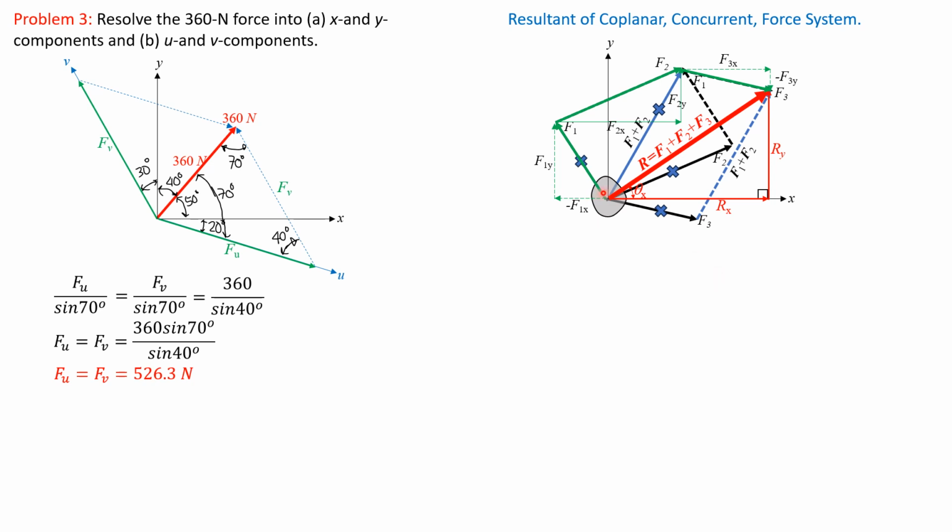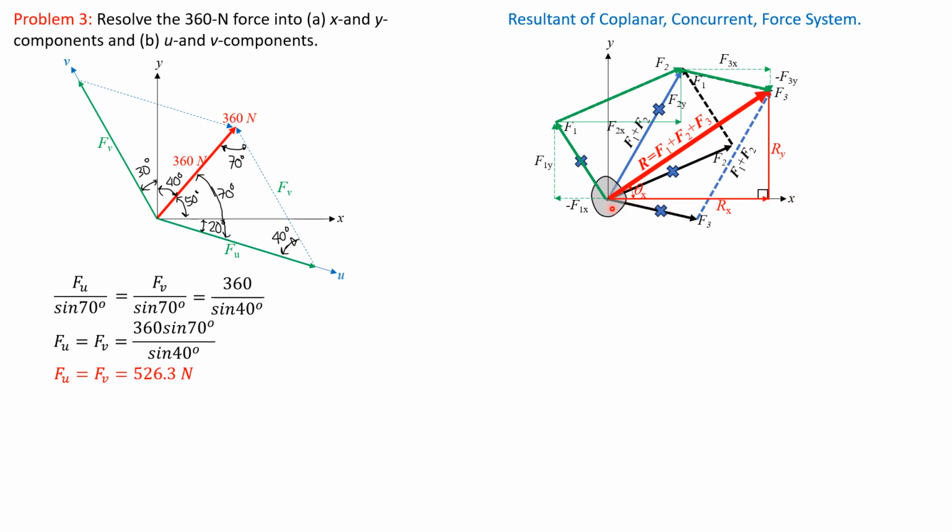So negative F1x plus this component gives 0. So the net x component begins with this, then there's no increase in the x component, plus F3x. That's why it is equal to Rx.